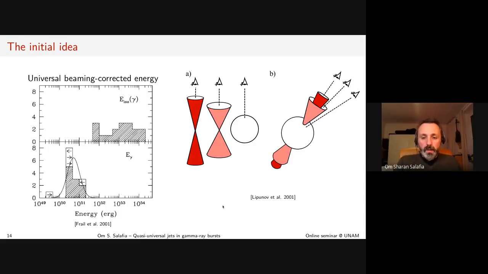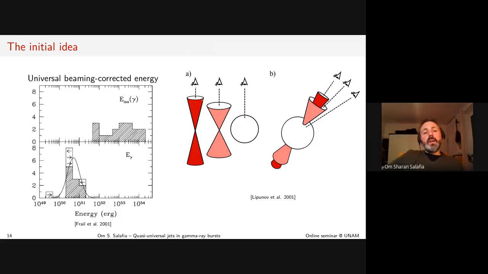And in the same year, Lipunov and collaborators realized that this could be explained under two competing scenarios. Either you could have that the more energetic jets, which is case A in this figure, are more collimated, and the less collimated jets, sorry, let me explain that better.